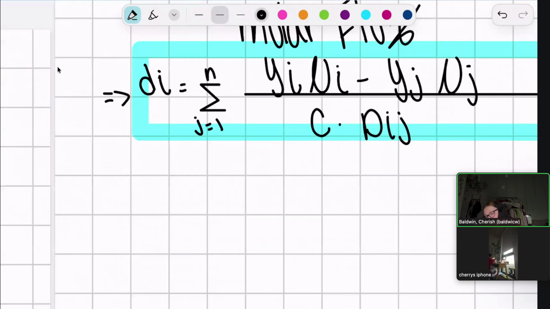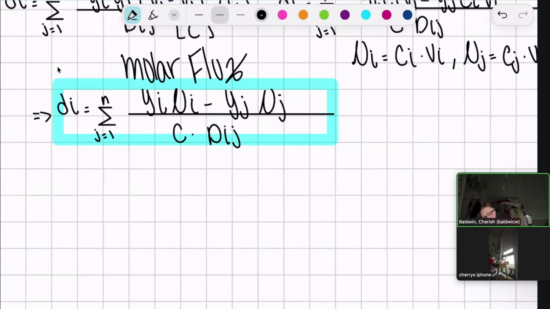Now to get molar diffusive flux, we know that the flux of I is equal to the diffusive flux Ji plus Yi times the concentration times the net or the total flux.